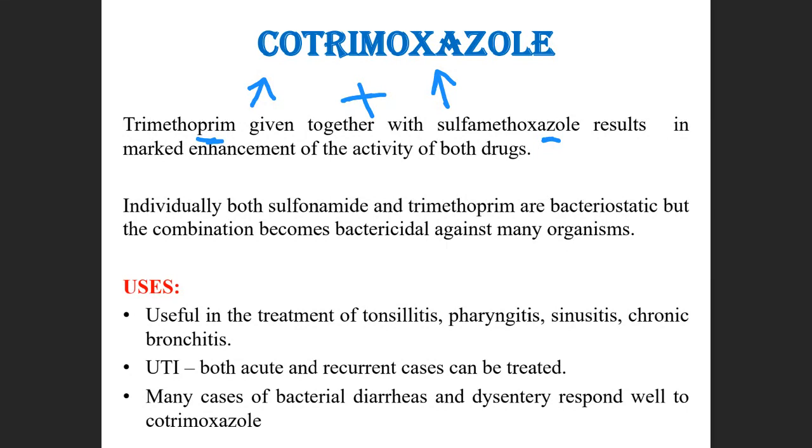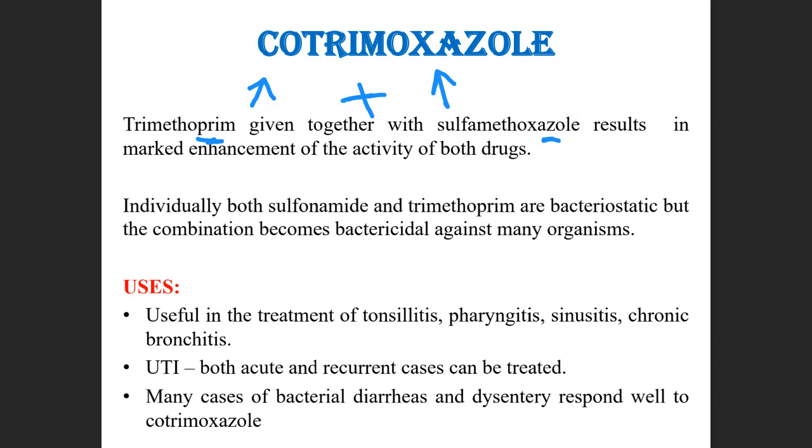One drug in combination with another increases a supportive action and shows an increase in activity. This trimethoprim and sulfamethoxazole are both bacteriostatic type of drugs, and in combination they affect DNA synthesis through folic acid synthesis and dihydrofolate reductase.